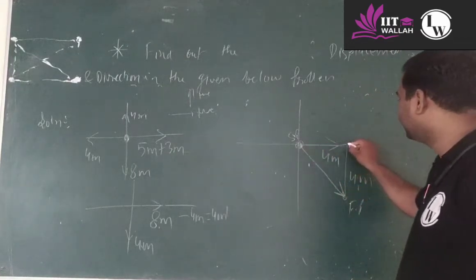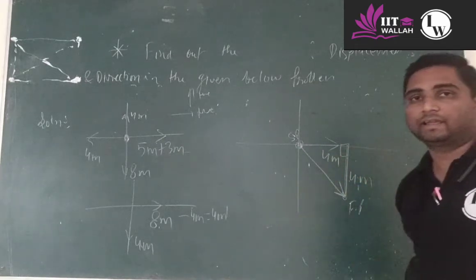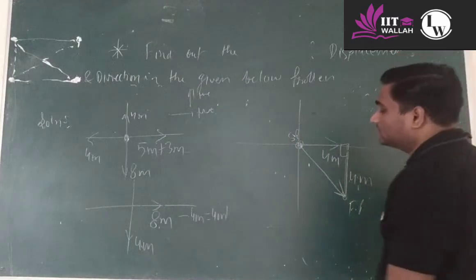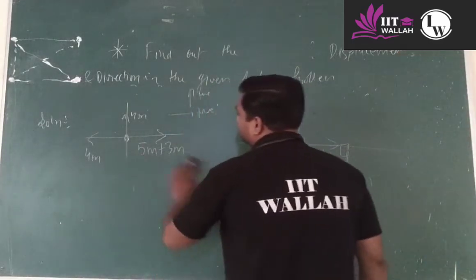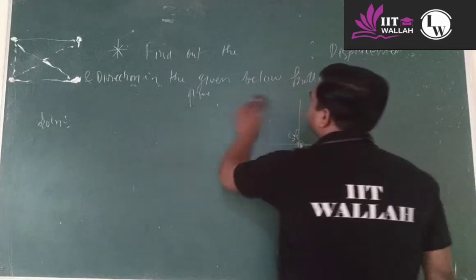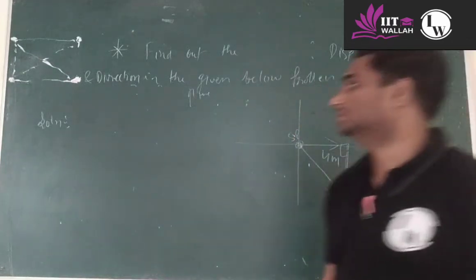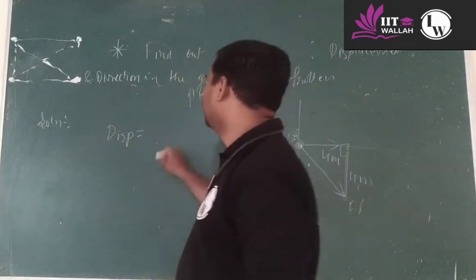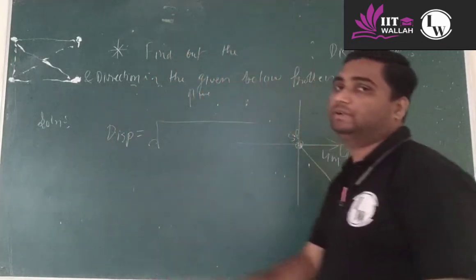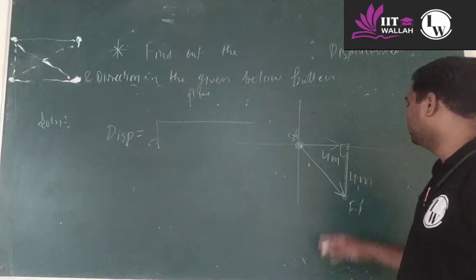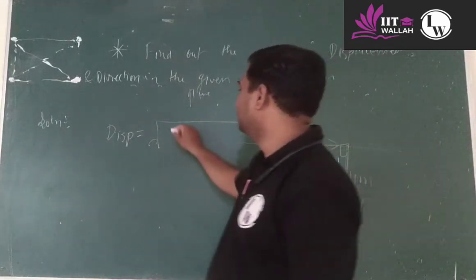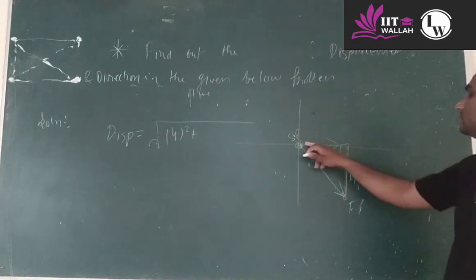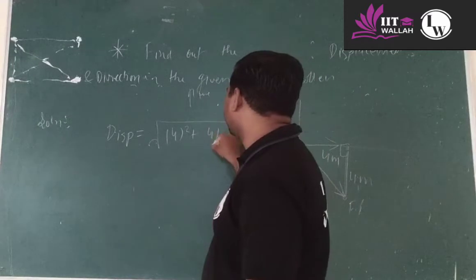Now you can see this is a right angle triangle. Now apply the Pythagoras theorem and find out how much displacement will become. So displacement is equal to under root of square of 4 plus square of 4.